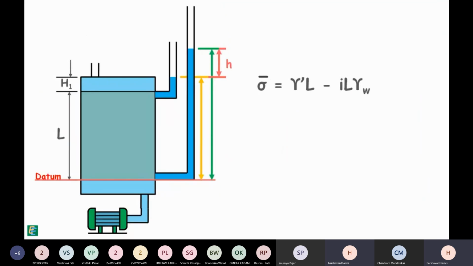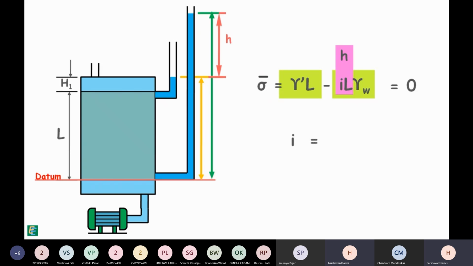Now if we note head difference h keeps on increasing, it may reach a condition when this quantity in the equation becomes equal to this one, as it is nothing but head loss. At that point, effective stress in the soil will become equal to 0.